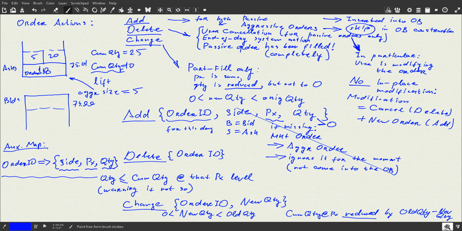You receive action number 2. Add is 1, delete is 2, change is 3. And you got change for a larger quantity. What kind of error recovery would you do in that case? Any ideas about that?